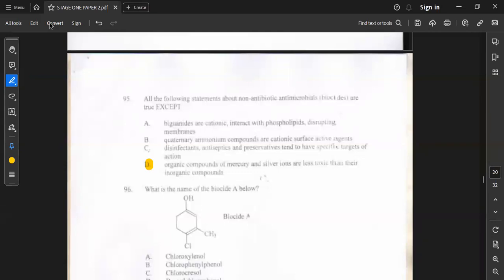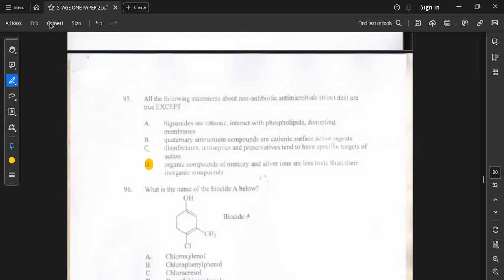Surface active agents, or surfactants, are compounds that lower the surface tension between two substances, such as a liquid and a solid or a liquid and a gas. They have molecules with hydrophilic and hydrophobic parts, allowing them to interact with different phases.